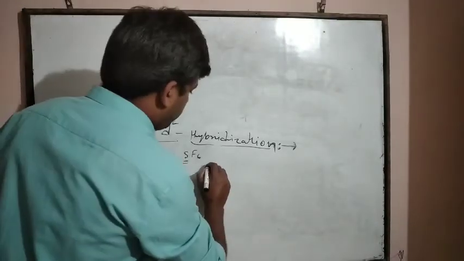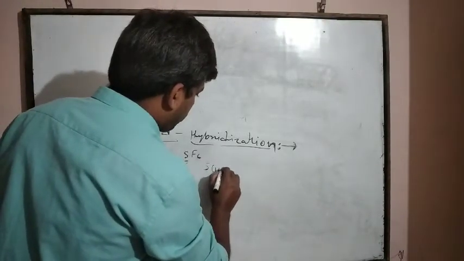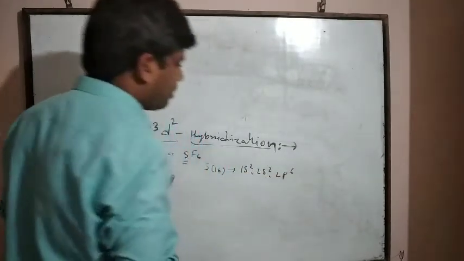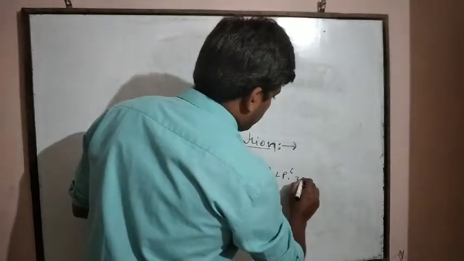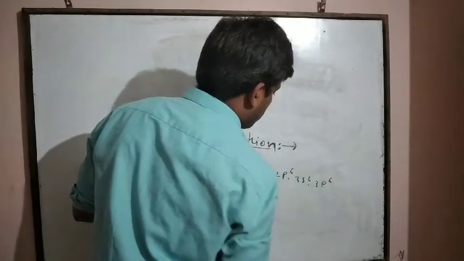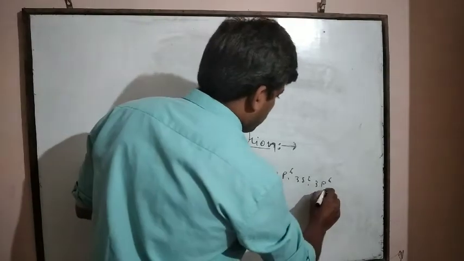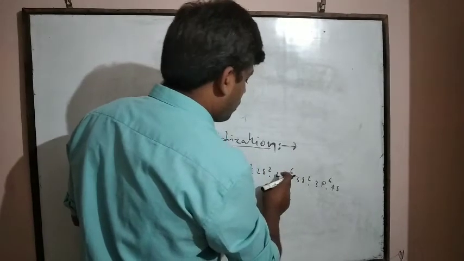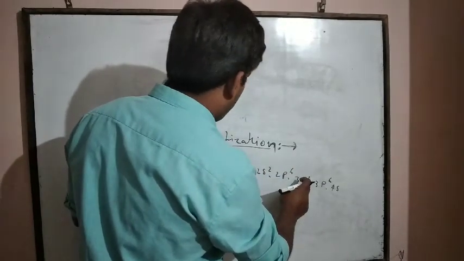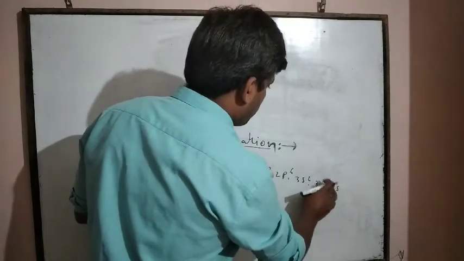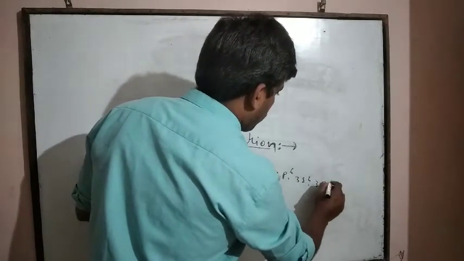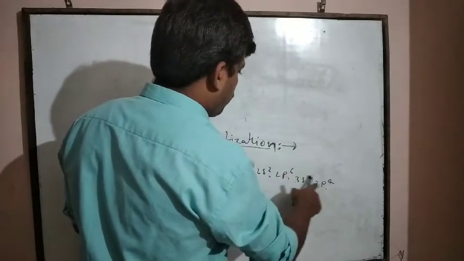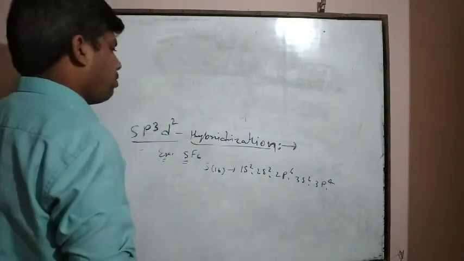For example, the atomic number of sulfur is 16: 1s2, 2s2, 2p6, 3s2, 3p4.